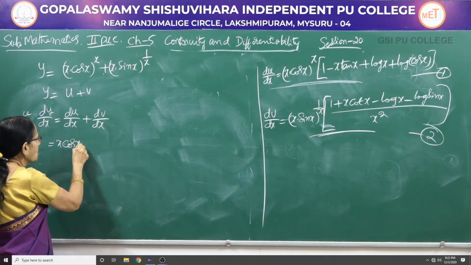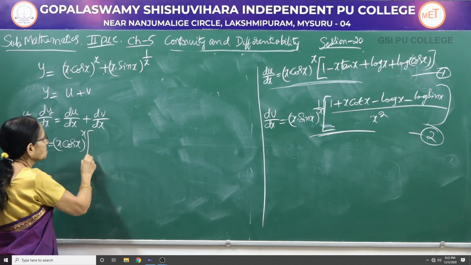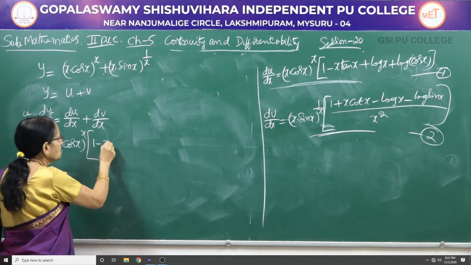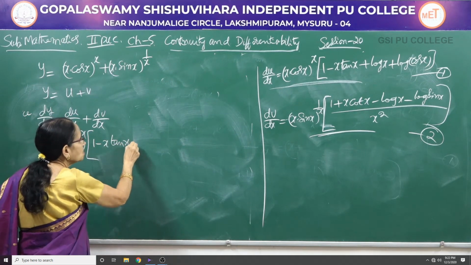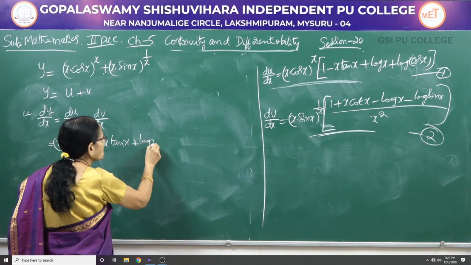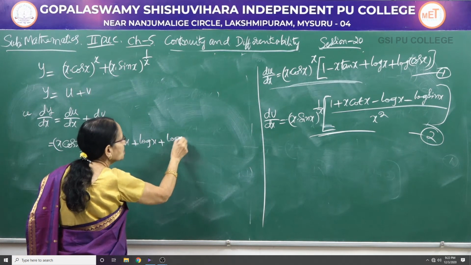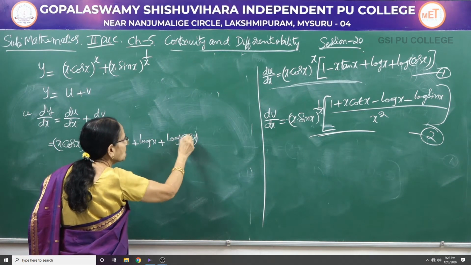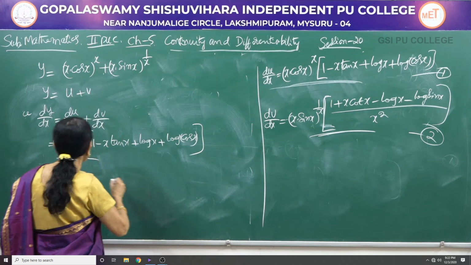x cos x whole to the power x into 1 minus x tan x plus log x plus log of cos x. Close the bracket.